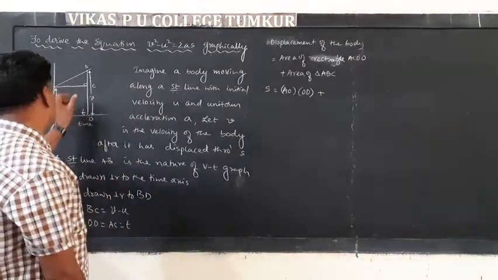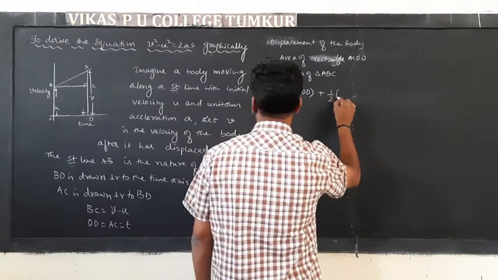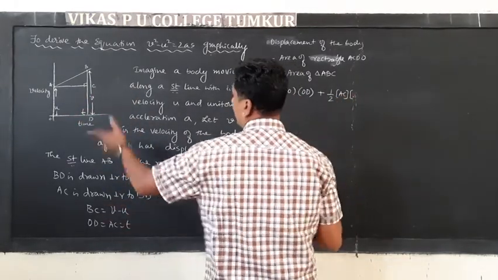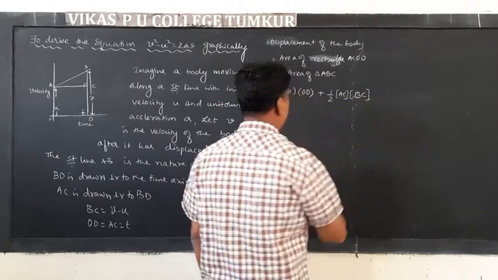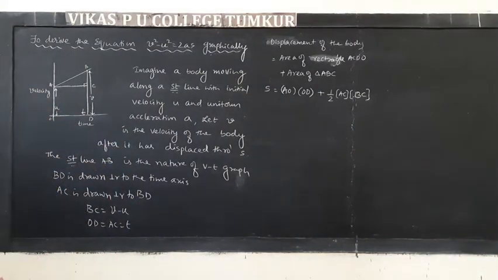For triangle ABC, the area is half of the base of the triangle, which is AC, times the altitude of the triangle, which is BC. So half of AC into BC will give us the area of the triangle ABC. So that I have written.